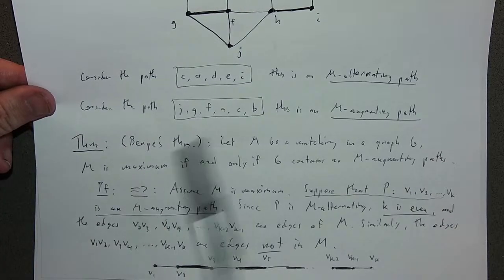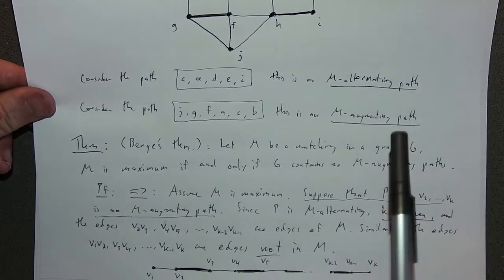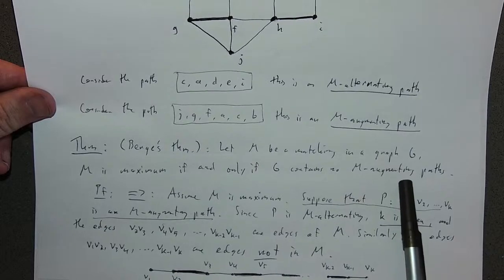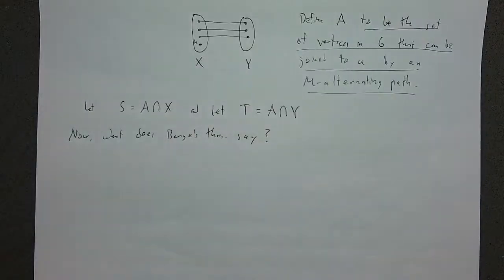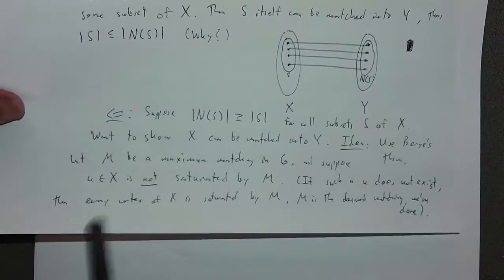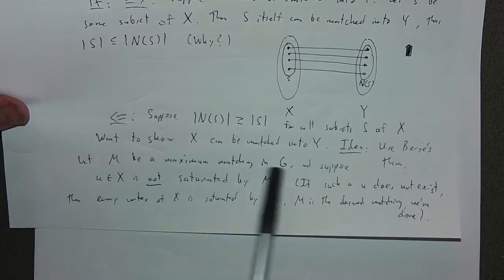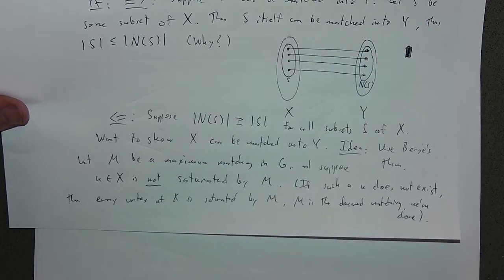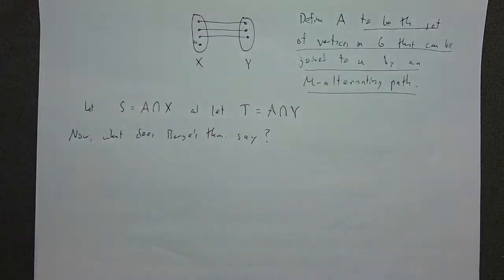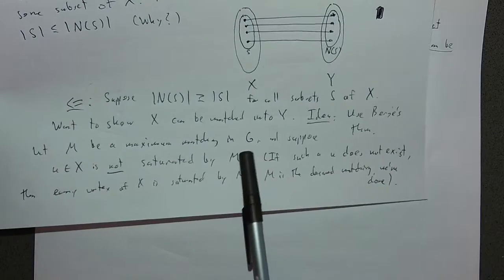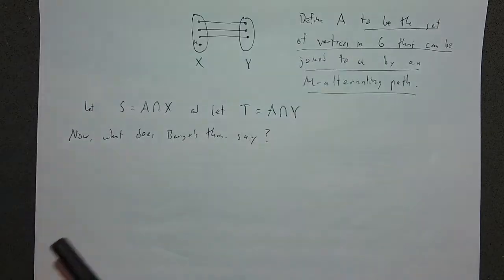So if it's maximum, the graph can contain no M augmenting paths. We assumed that the M that we're dealing with is a maximum matching, right? So G cannot contain any M augmenting paths.